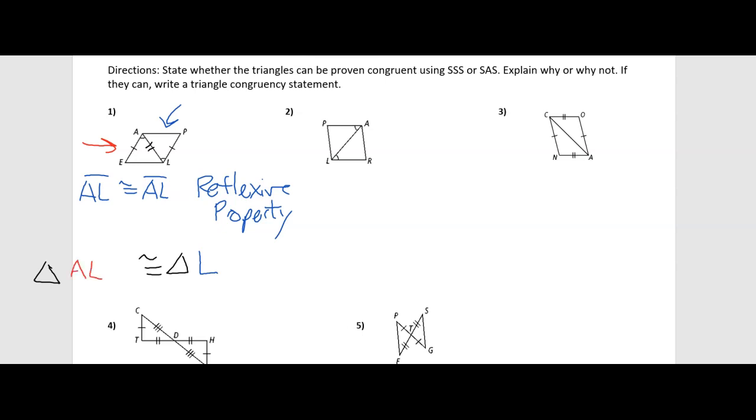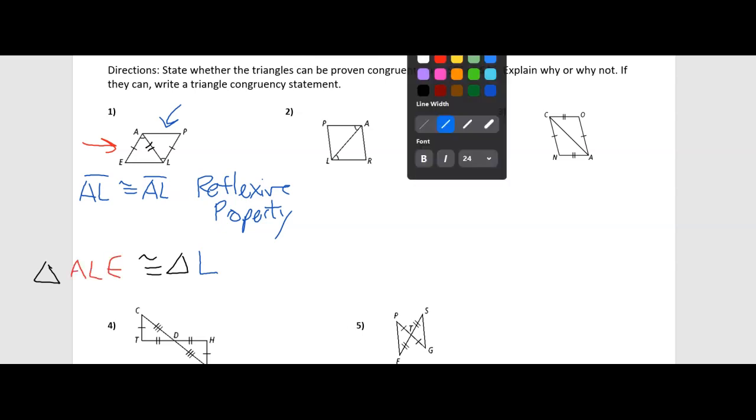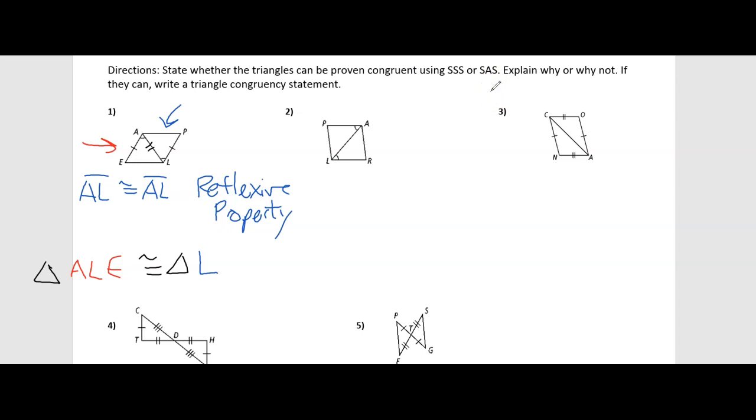So we had ALE, and then for the blue, we have to start with L. If my second letter for red is L, well, L is on the other side of that segment with 2 tick marks, right? If we're talking about the red triangle.